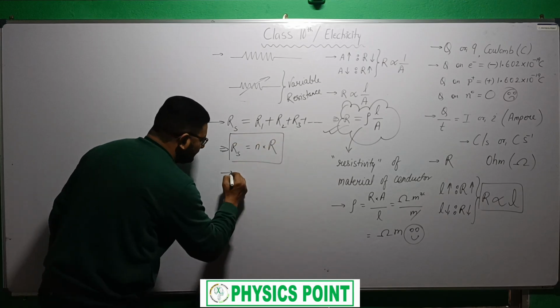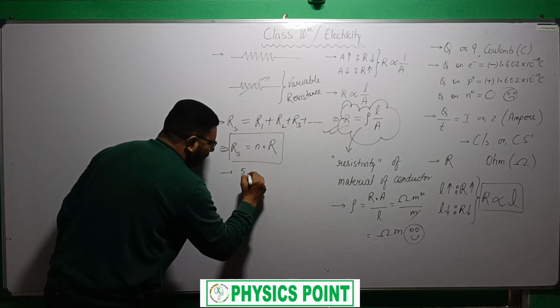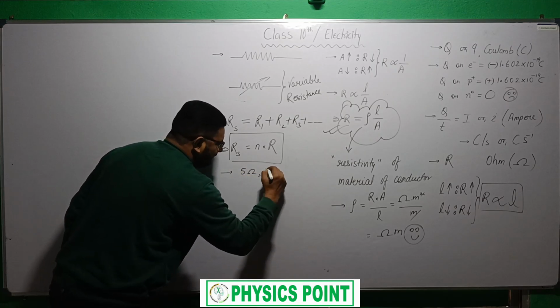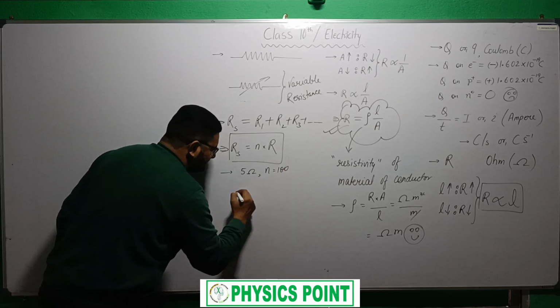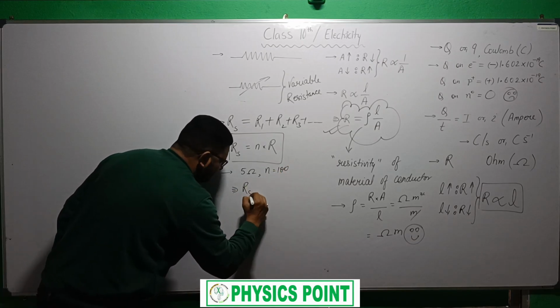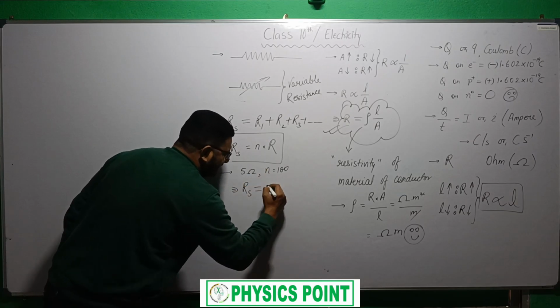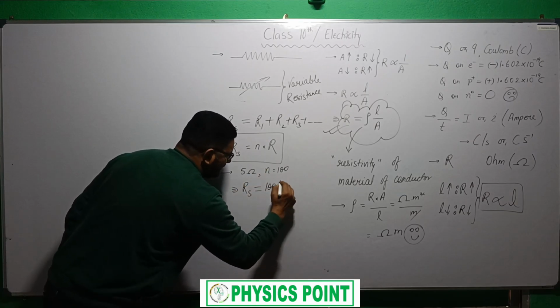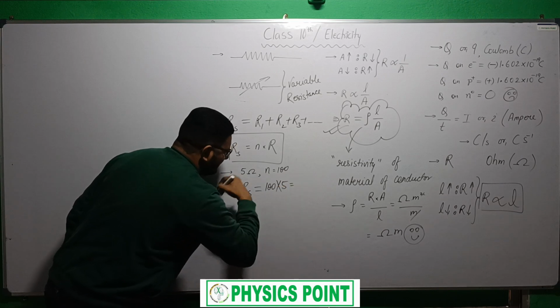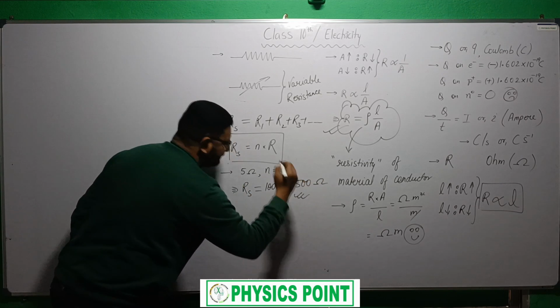So if the value of one resistance is 5 ohm and if we have 100 such resistances connected in series, then the equivalent resistance of this series combination is equal to 100 times one resistance value, which is equal to 500 ohms.